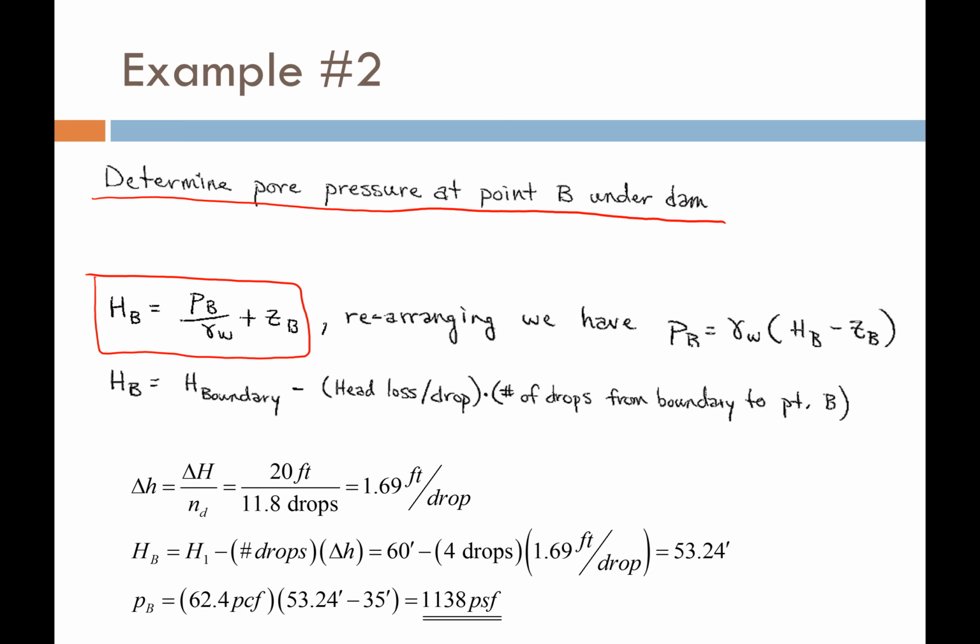That's your governing equation. What do I want to solve? I want to solve for pore pressure. Pore pressure is just this guy right here. So all I need to do is rearrange that equation to solve for pore pressure. Okay? So remember, this Z, that's our elevation head relative to the datum, and H sub B is the total head.